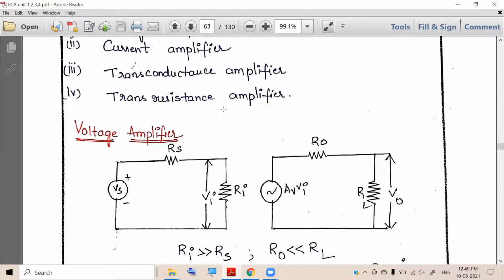Ohm's law. Current we are calling II. Resistance is RS. What is the voltage across this resistance? II into RS. Very good. Likewise, what will be the voltage here? Voltage here.